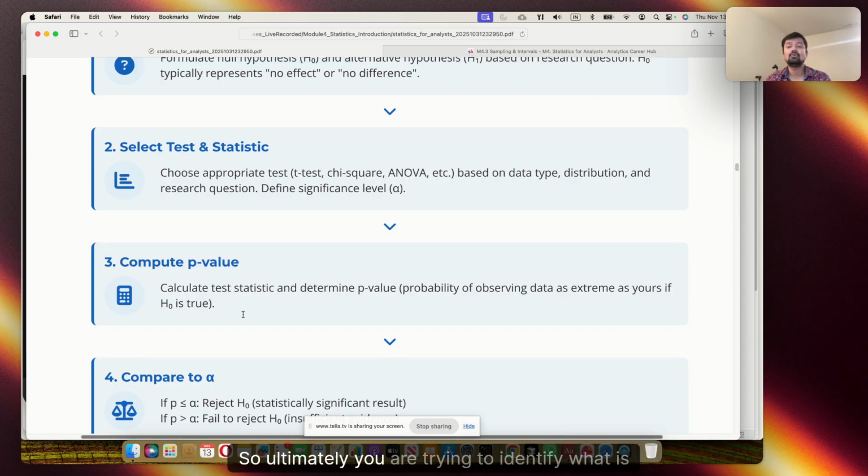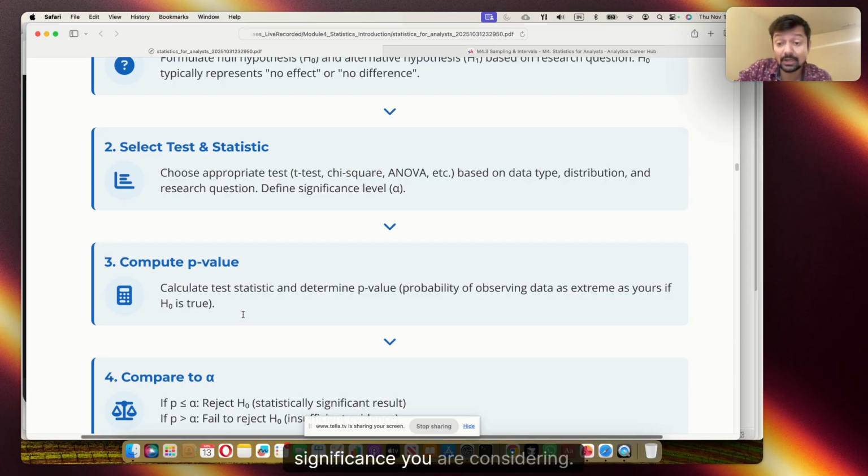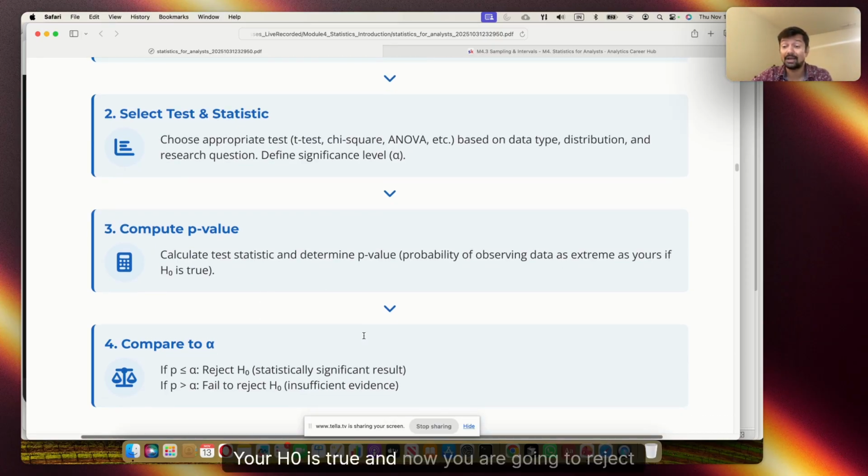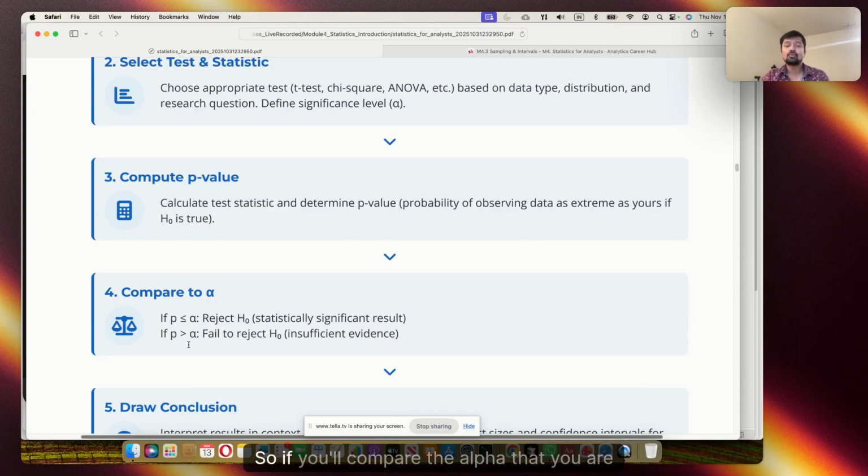So ultimately you are trying to identify the probability of observing such data. The smaller the probability, the higher the significance, because you are assuming your H0 is true and now you are going to reject that hypothesis. So if you compare with the alpha and the probability is lesser than alpha, then you reject the null hypothesis, which is H0.